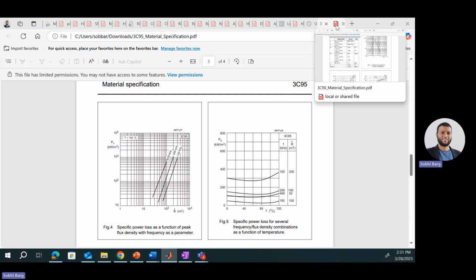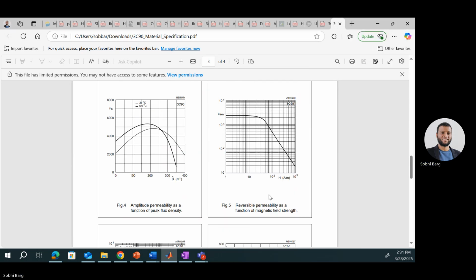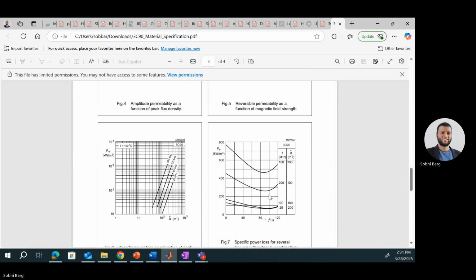We can do the same for 3C90, and you can look for 80 degrees Celsius. It's higher than 400, but it's less than 500. I think it's around 470. So if we divide 470 by 370, we find 1.27.